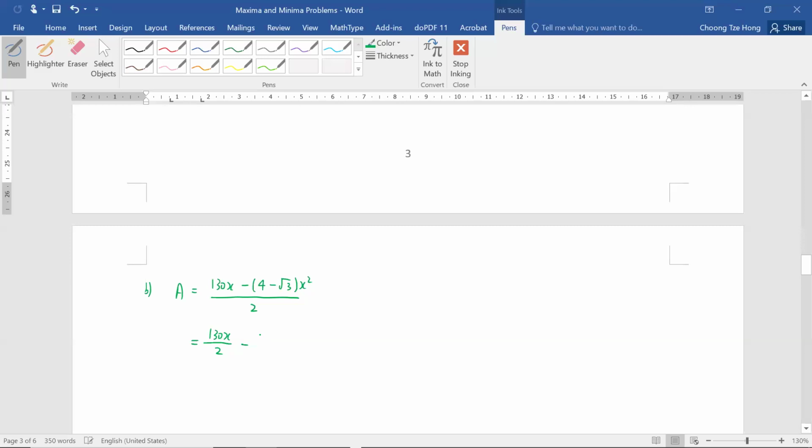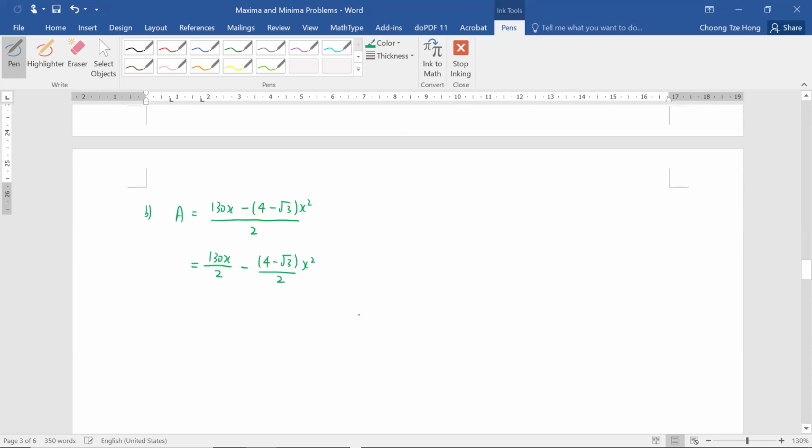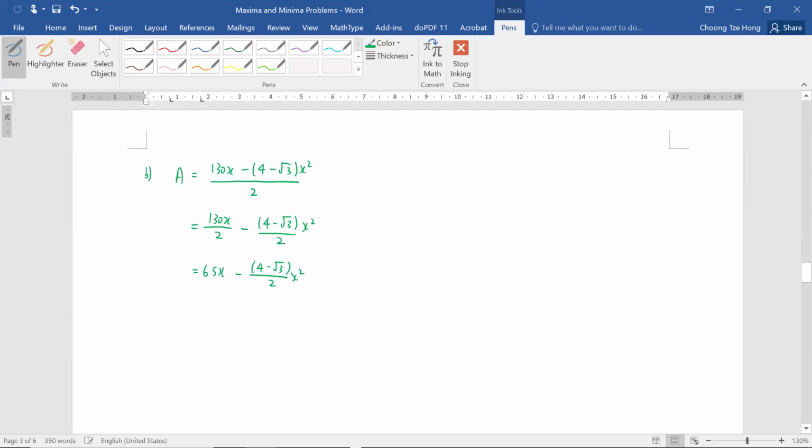So minus 4 minus root 3 over 2 x squared. After you break it up this way, it will be easier to differentiate. So 130 over 2 is 65x. Then we have minus 4 minus root 3 over 2 x squared. Once we have this, it's time to differentiate.